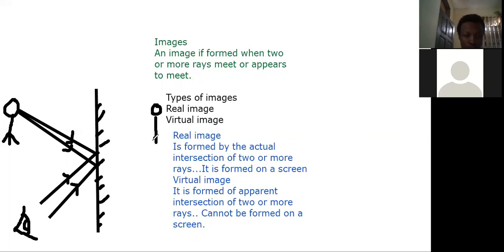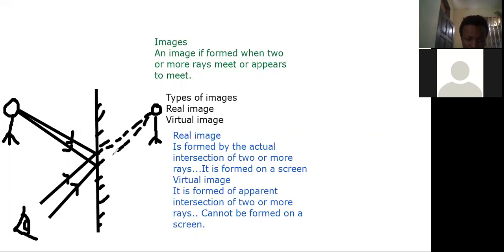So this is you seeing yourself, but because you can't touch it, and the image is formed by the apparent intersection of two or more rays, it is represented by short lines or short dashes or dotted lines.